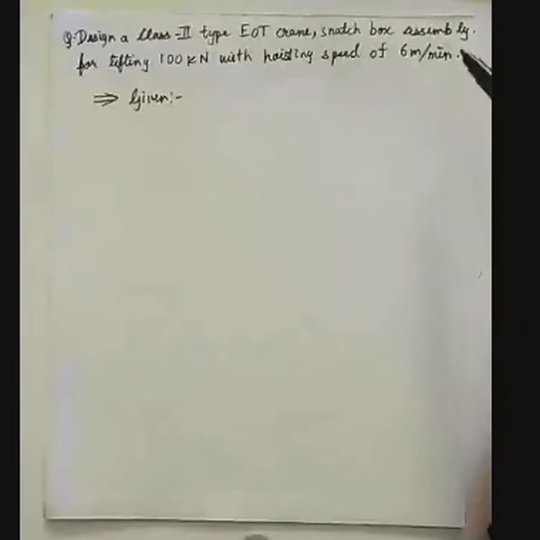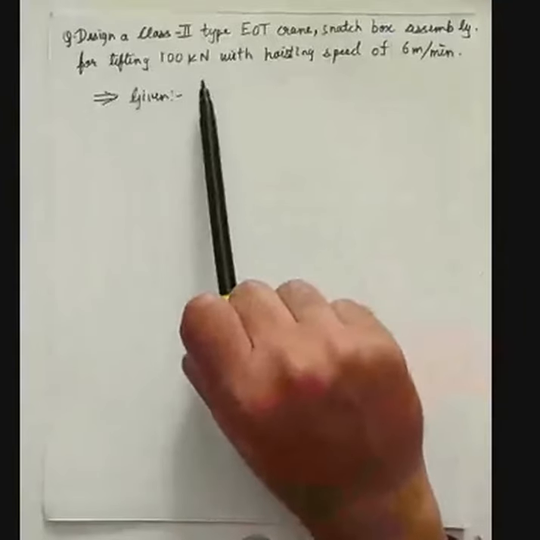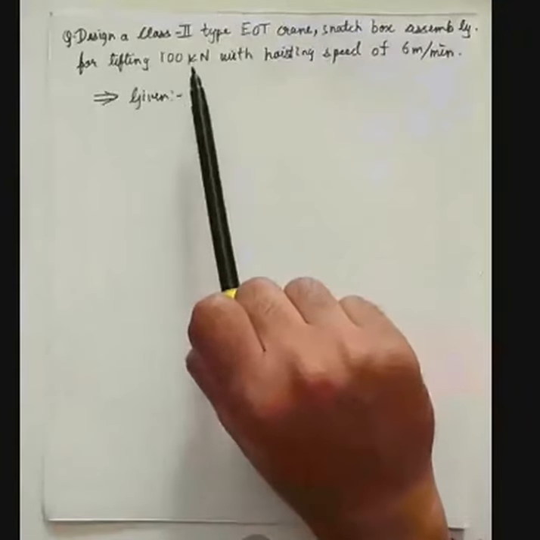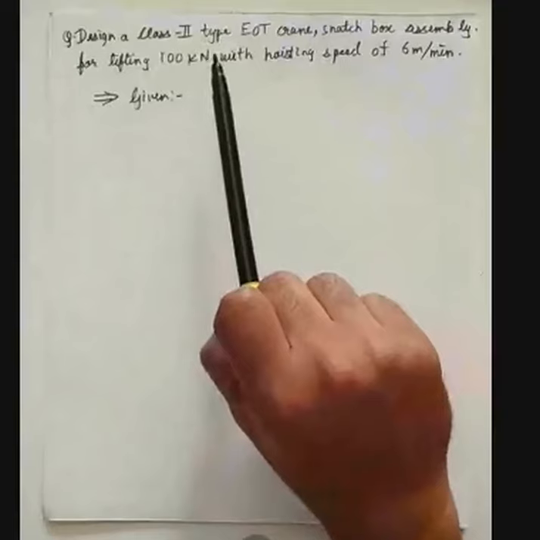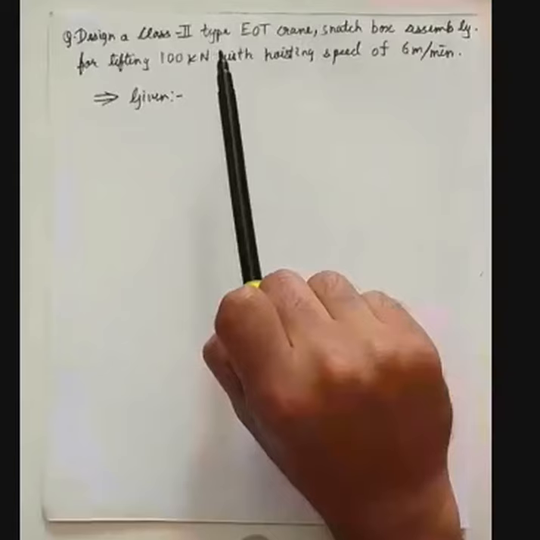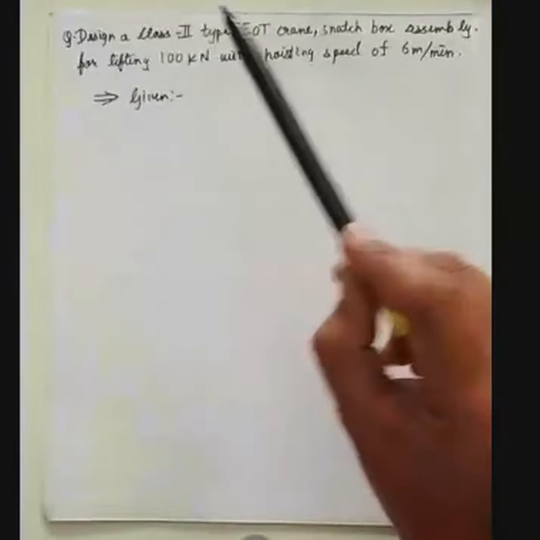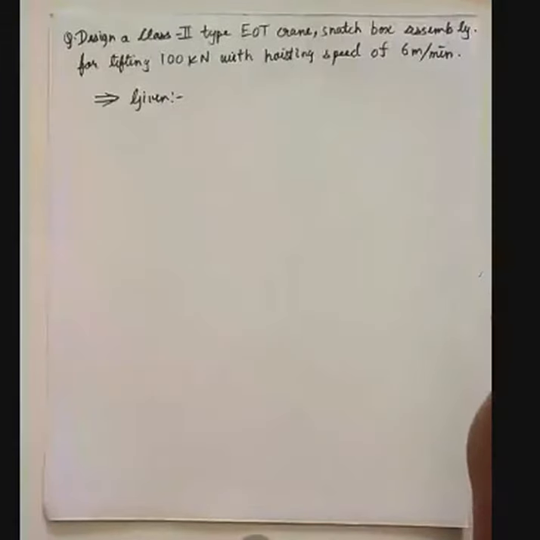Right? And see, this snatch block assembly is to be used for lifting 100 kilonewton. How much is 100 kilonewton in tons? 100 tons? Yes. So see, as I told you, we have to lift a very huge load that will be in tons.